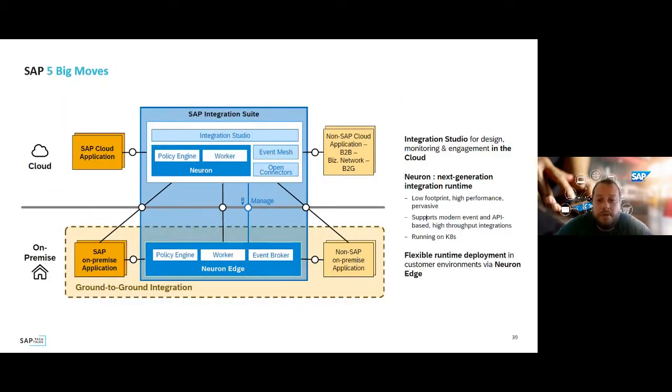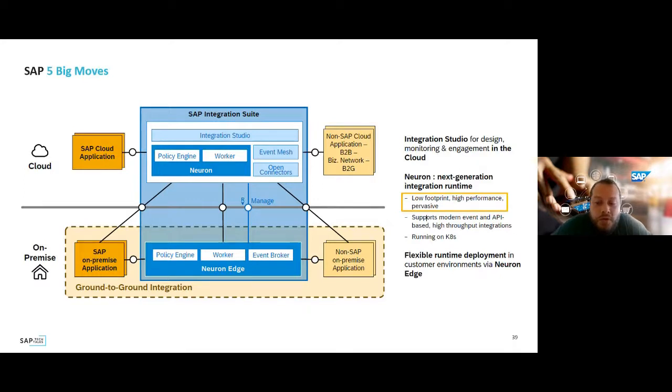Talking a little bit about this Neo Edge, the idea is to have a component for ground-to-ground integrations. It's even funny that we are no longer talking about on-premise to on-premise, but ground-to-ground, where you have your integration suite hosted in a private cloud, but you can have the Neo Edge holding some of those integration components to hold the integration at an on-premise level.